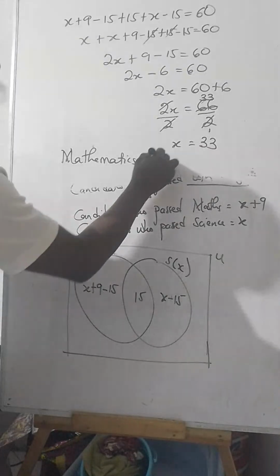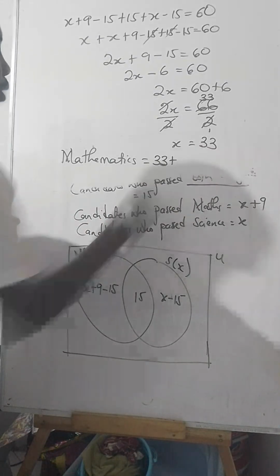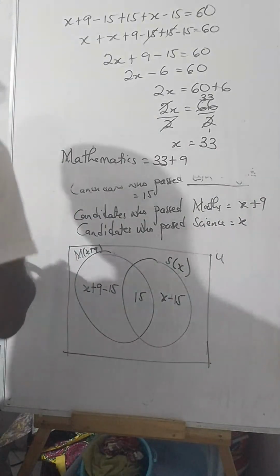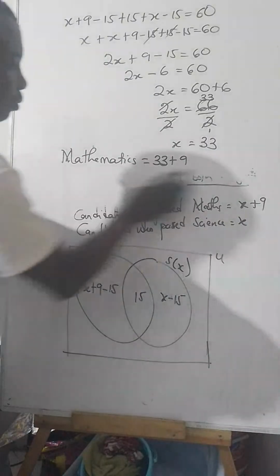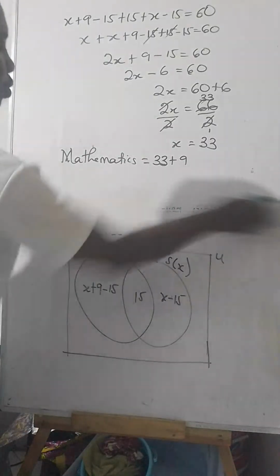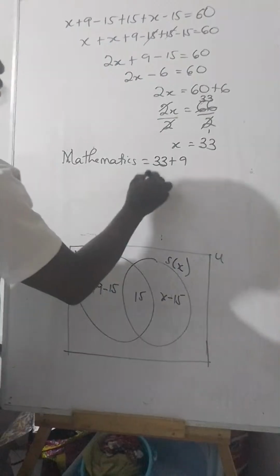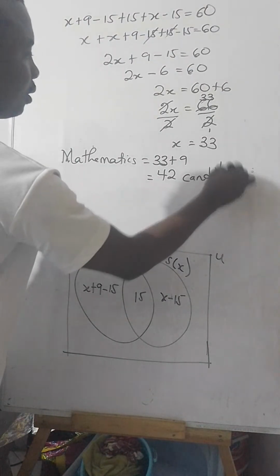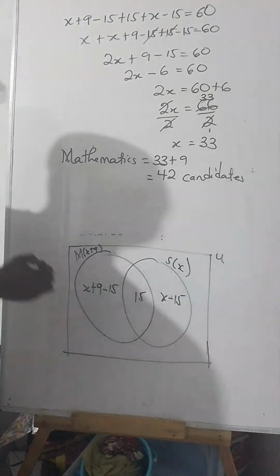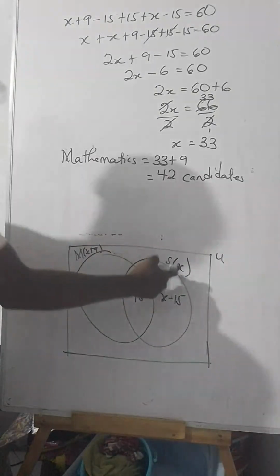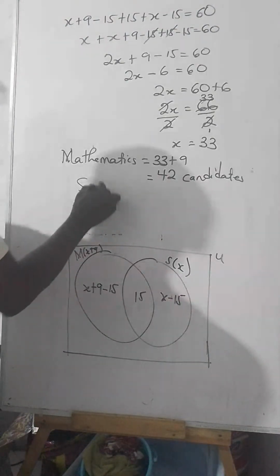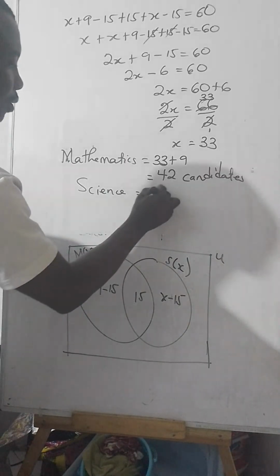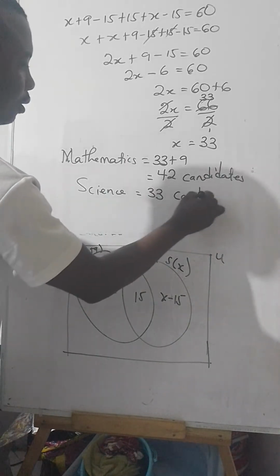X is now 33, so 33 plus the 9 will give us 42 candidates. So 42 candidates passed mathematics. Then the science is x, which is 33, so 33 candidates.